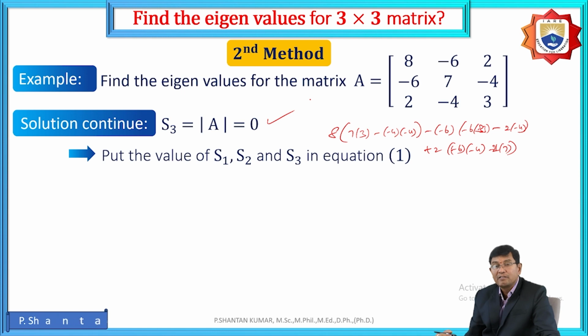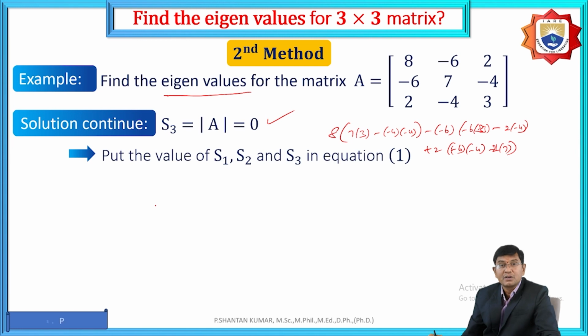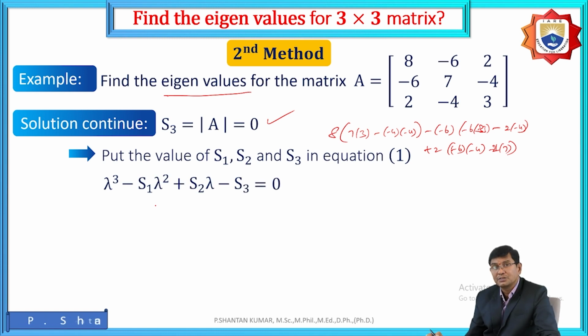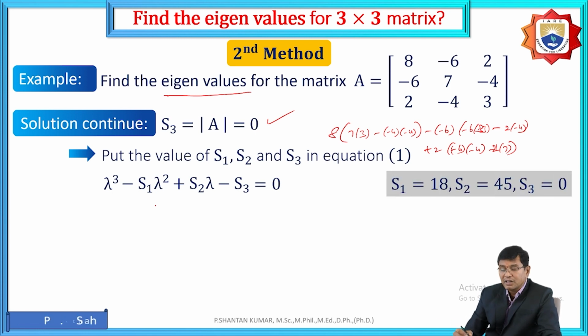Now we have completed S1, S2 and S3, but it is not complete yet, because they are asking us to find the eigenvalues. Up to here we obtained only S1, S2, S3, but according to the equation lambda cube minus S1 lambda square plus S2 lambda minus S3 is equal to 0, we can replace these values. Here we already have S1, S2 and S3, so we can replace them in the characteristic equation.